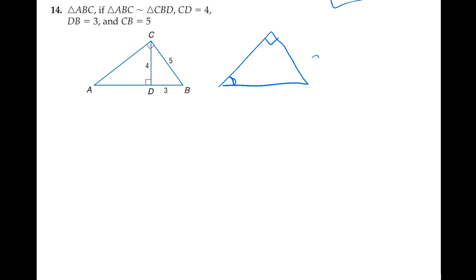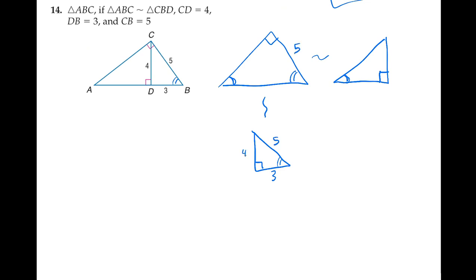And then that's going to be similar to this triangle that also has a right angle and angle A. But if we look at this as angle B, well, this triangle's got angle B, and that's similar to this triangle that has a right angle and angle B. Oh my goodness. So the angle markings help navigate this.